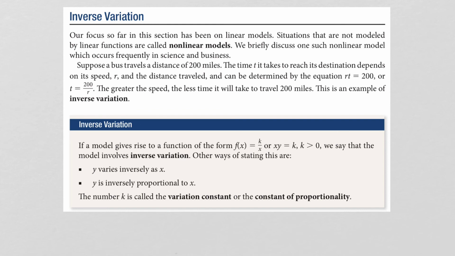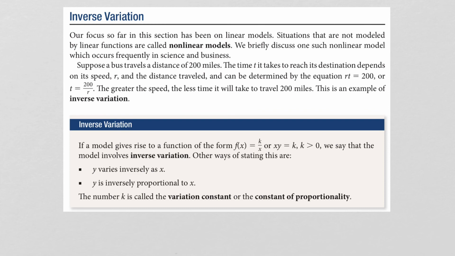The formula for inverse variation is f of x is equal to k divided by x instead of k times x. When we have this kind of relation, we say that y varies inversely as x, or we can say y is inversely proportional to x. K is the variation constant, or the constant of proportionality.